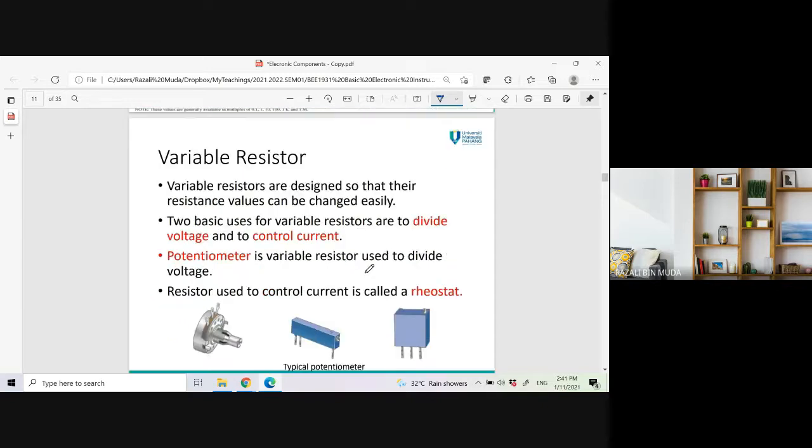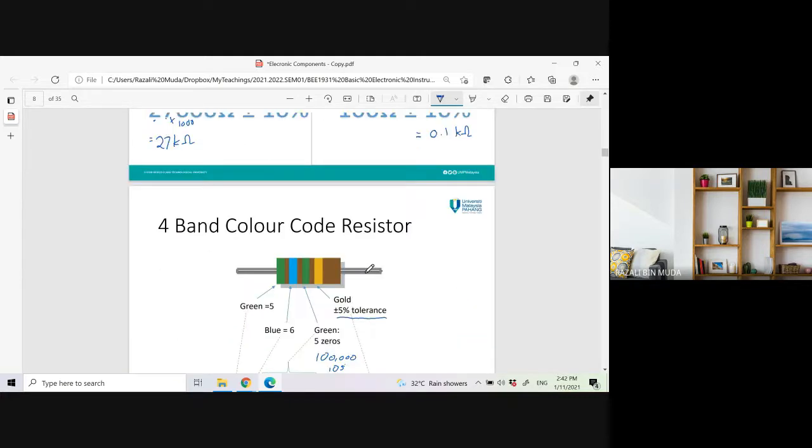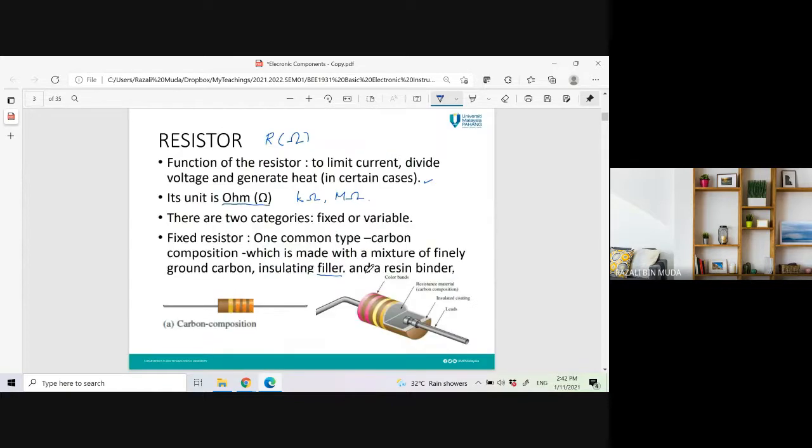Okay, the next topic is about variable resistor. Earlier we discussed fixed resistors. This is fixed and variable.